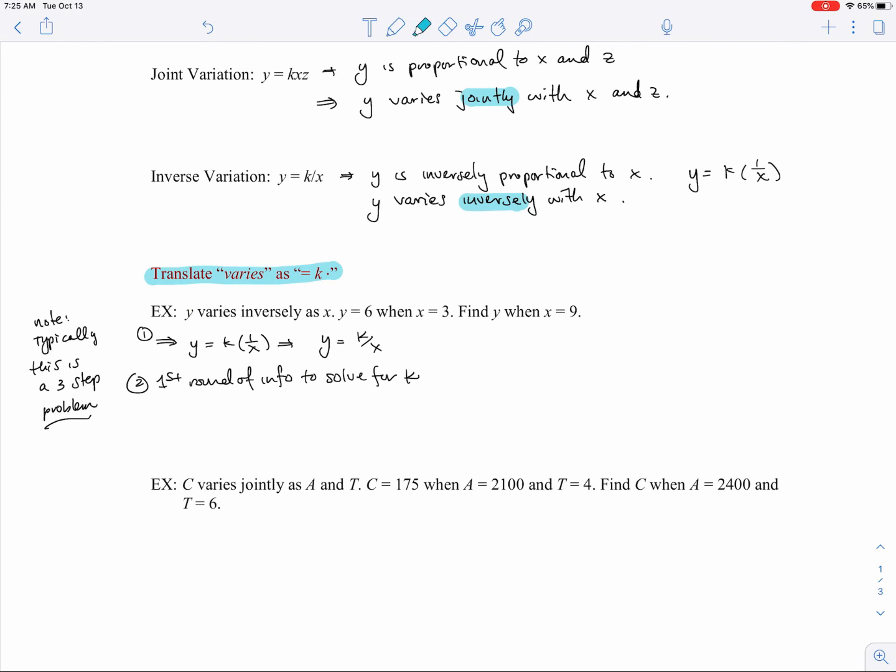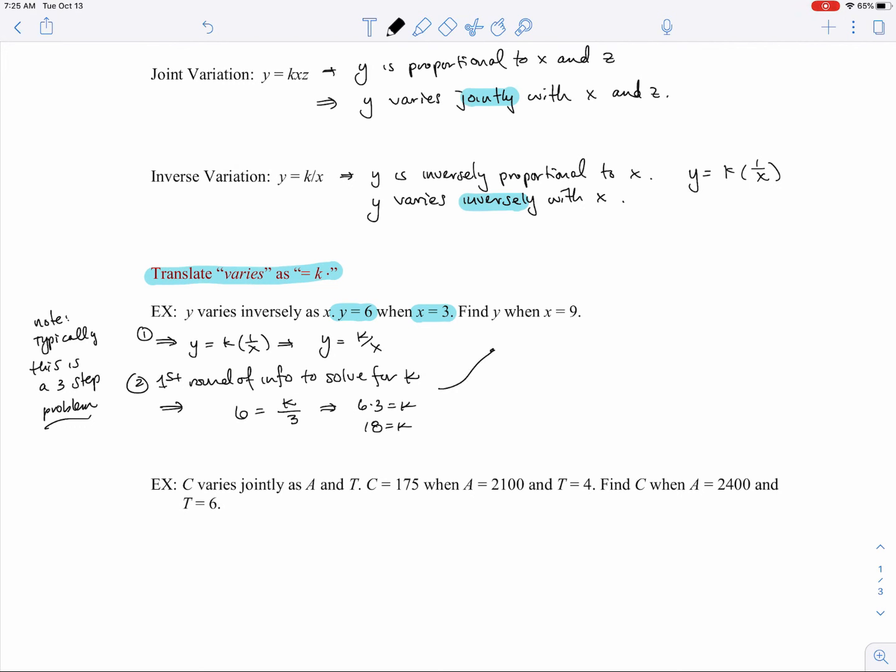And here we're told when y is 6, x is 3, or vice versa. So our first round of information plugged into our equation becomes 6 is equal to k over 3. We can solve for k, in which case 6 times 3 is equal to k, or k is 18.